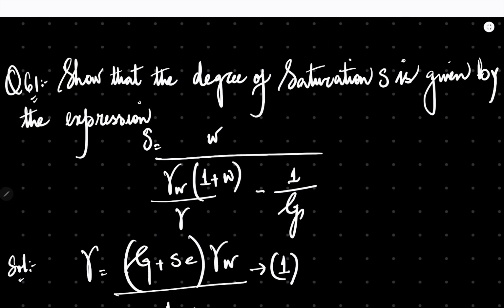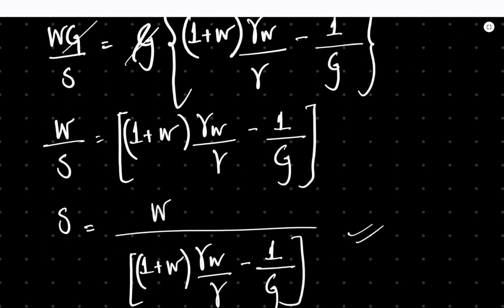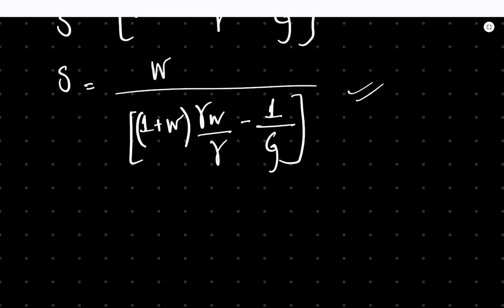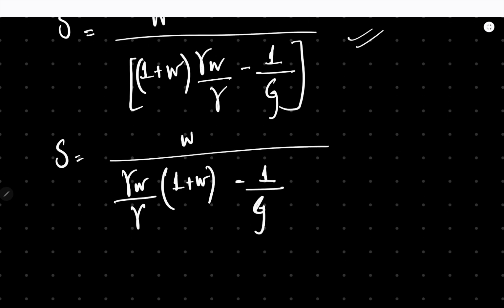Show that the degree of saturation S is given by S is equal to water content, this 1 plus W minus 1 by G. That's exactly what we have proved over here. Let me rewrite the expression. So this means S is water content divided by 1 plus water content minus 1 by G.